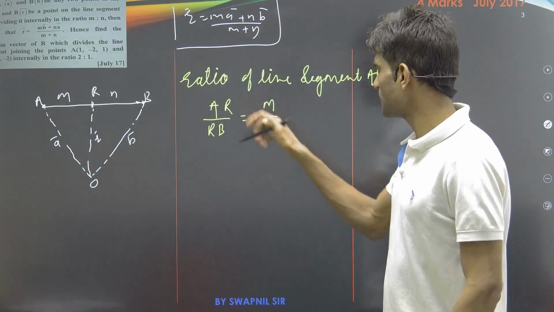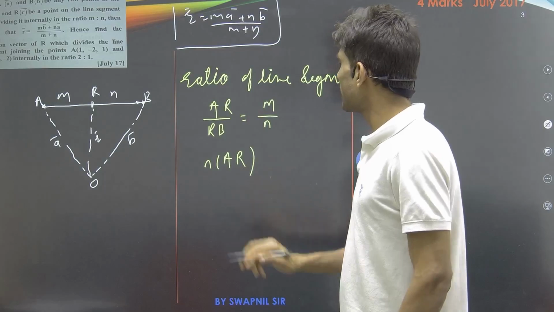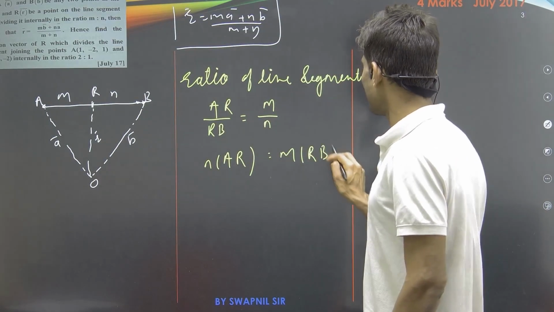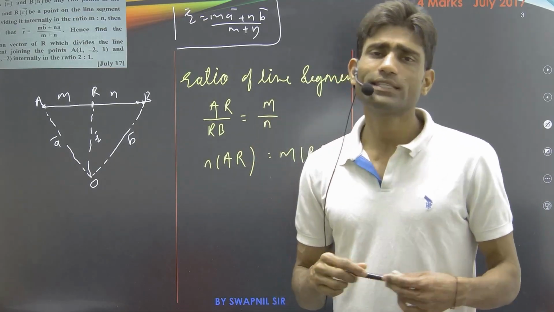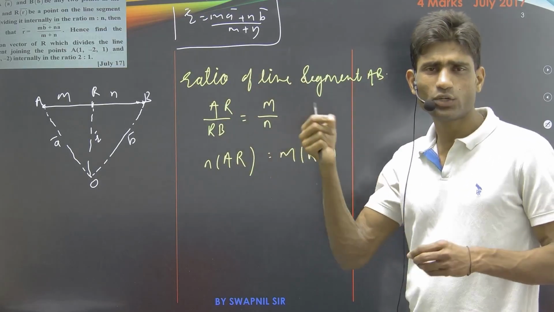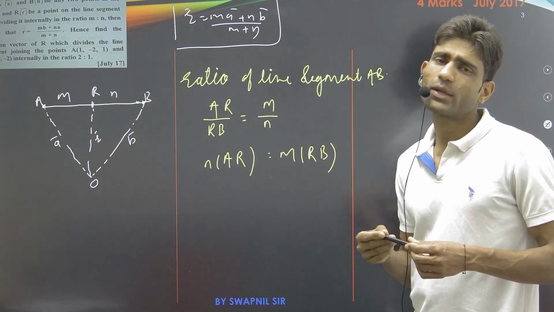Now go for the cross multiplication: n times AR is equal to m times RB. This is the section formula for internal division that we are proving here. We don't have anything difficult here, we just need to apply a little concept, and after that you will get the required proof.